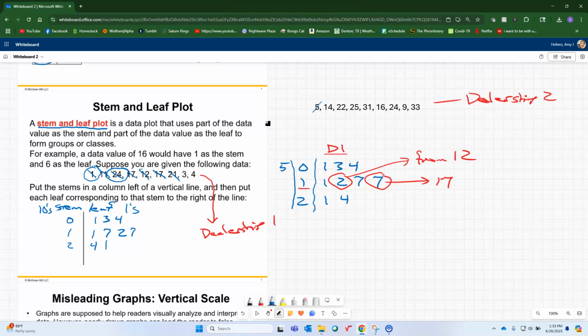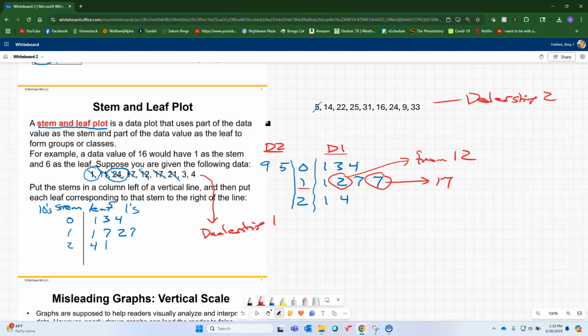Okay, so what's interesting about a back-to-back stem and leaf plot, remember we're graphing dealership 2 over here, is that you would never do just the left side. If you have just one set of data, you do the leaves on the right side. But if you have 2, you put one of them on the left and one of them on the right. And the values on the left, you read backwards.